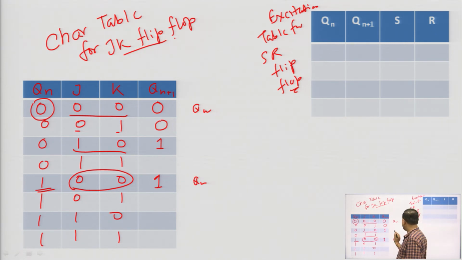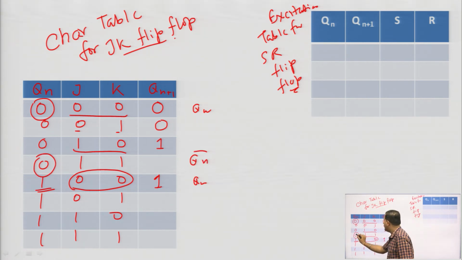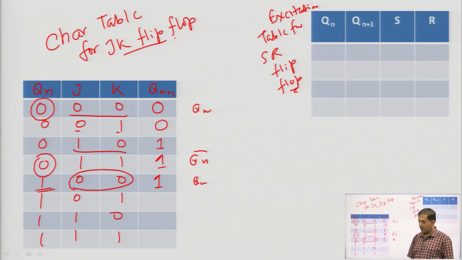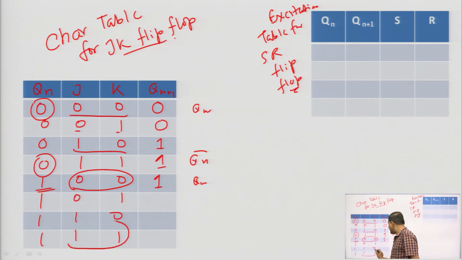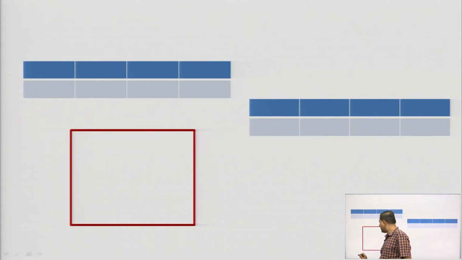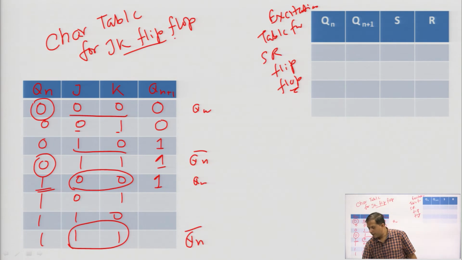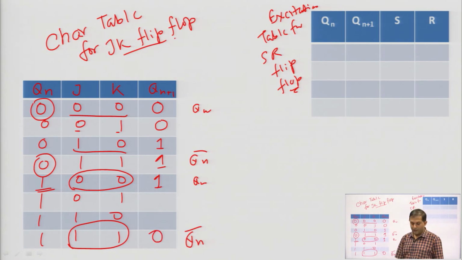So, this is nothing but Qn bar, and here Qn is 0, means it will be 1, the complemented form. Is it clear to all of you? Here same like that, this is 1 1, both are 1. So, it will be the complemented version Qn bar. So, here Qn is equal to 1, so now this will be 0, the complemented version, okay, and rest are 0 and 1.